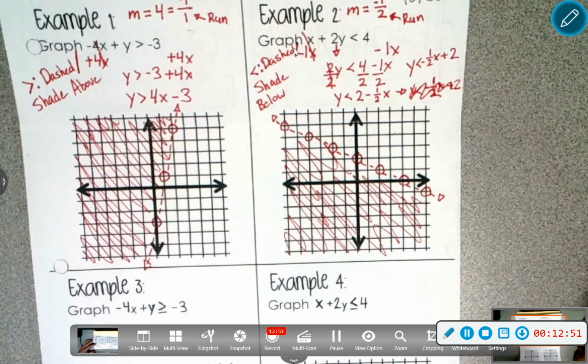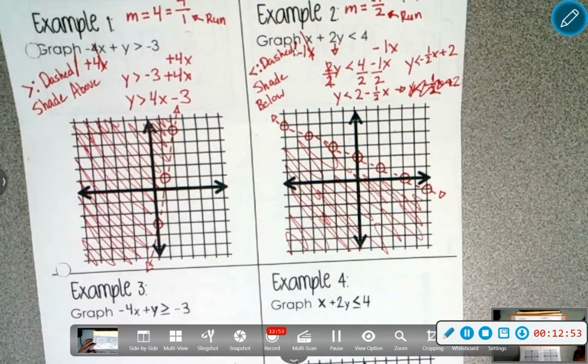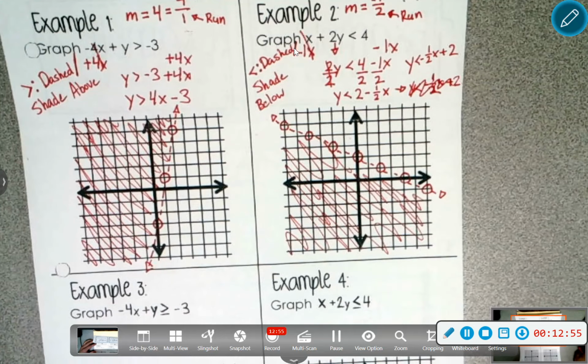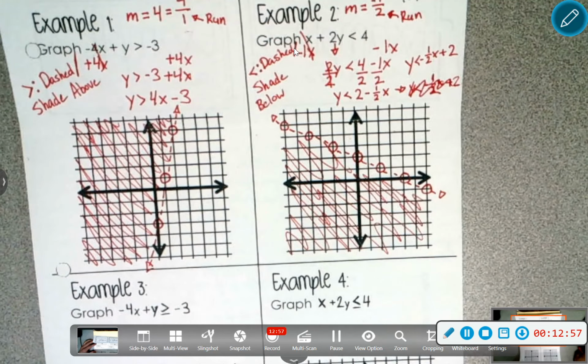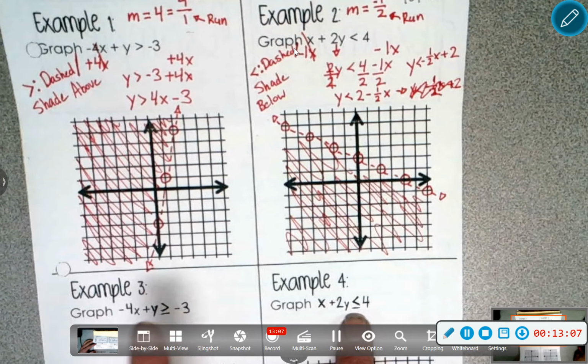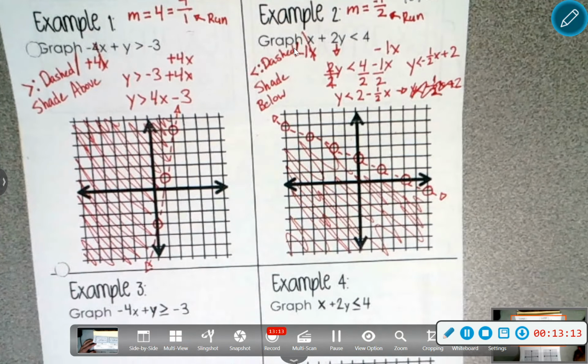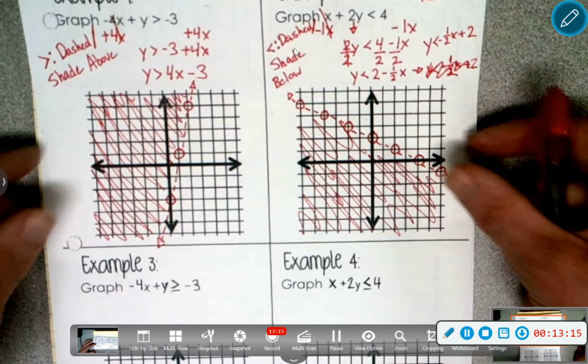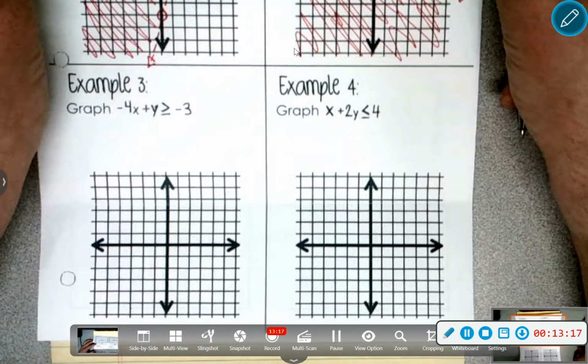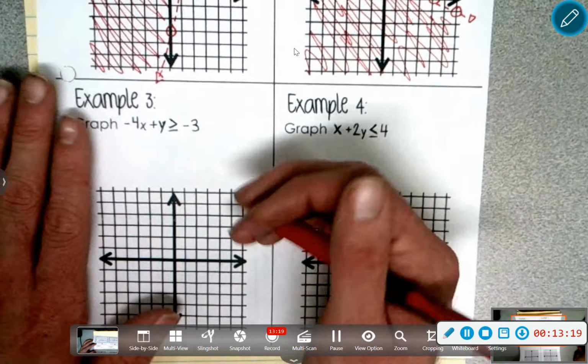All right, go ahead, take a second to finish writing, and then we are going to quickly graph the other two. You'll notice the bottom two examples are the exact same equations, the only difference being instead of just greater than or less than, they are greater than or equal and less than or equal. Yes, they are going to have solid lines, and that's the only difference.